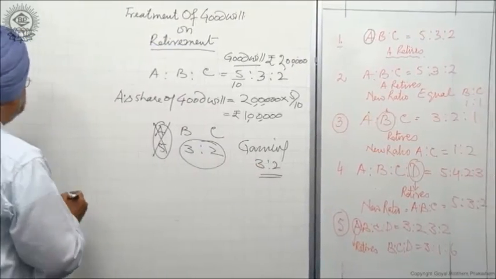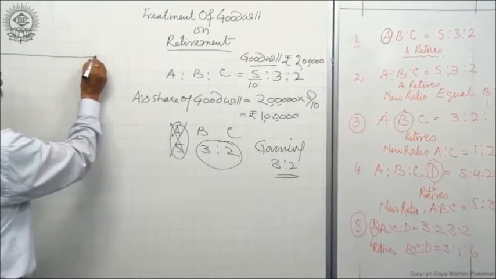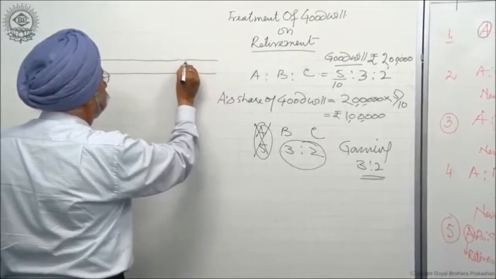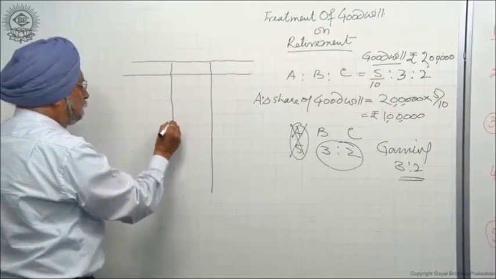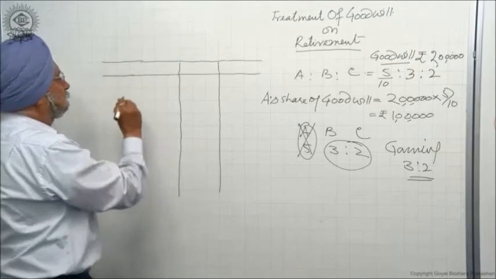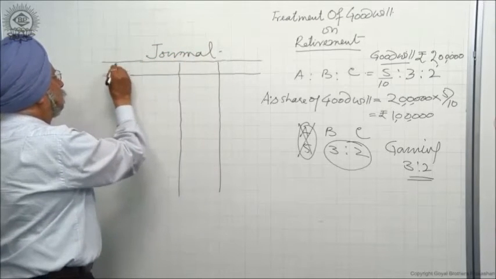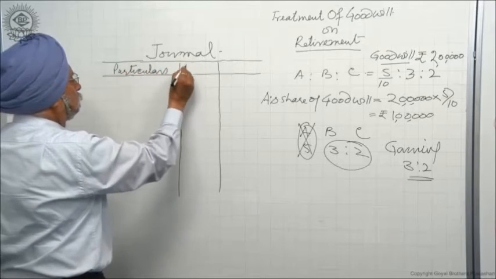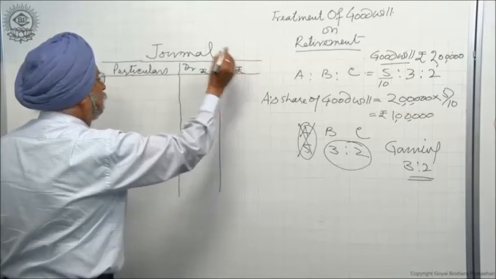Now, how to treat this? We will pass a journal entry for this. We have to rule the journal properly like this, with particulars, debit amount and credit amount.